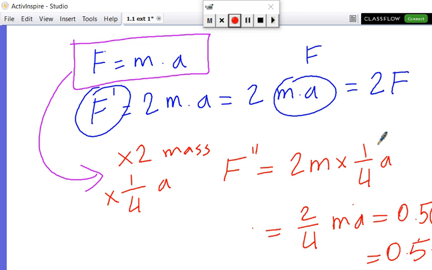We already defined it as the force. So this new force will be only half of the original force.